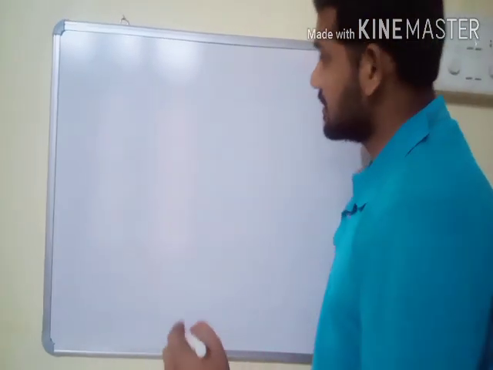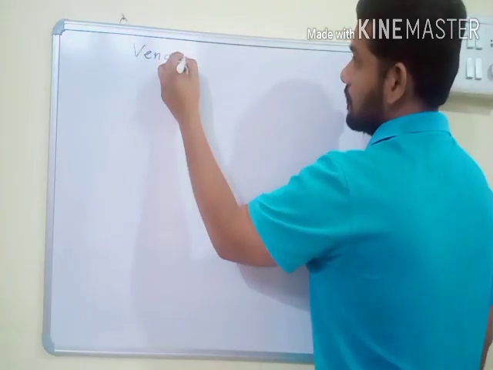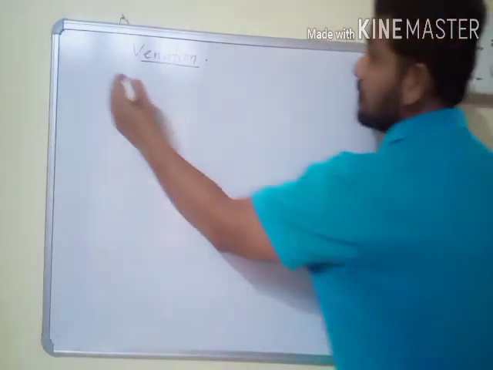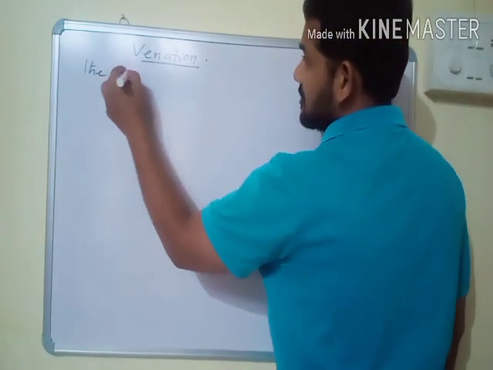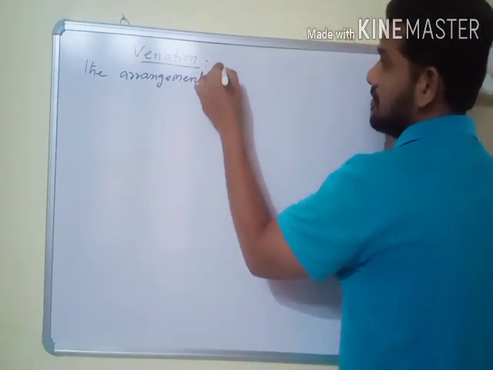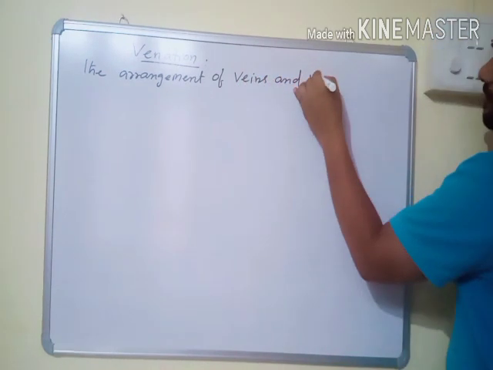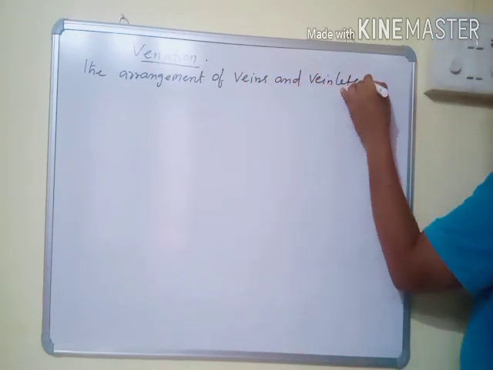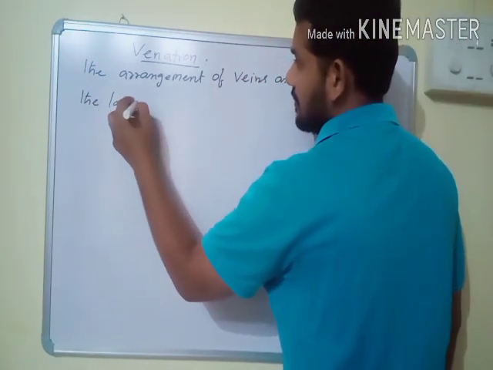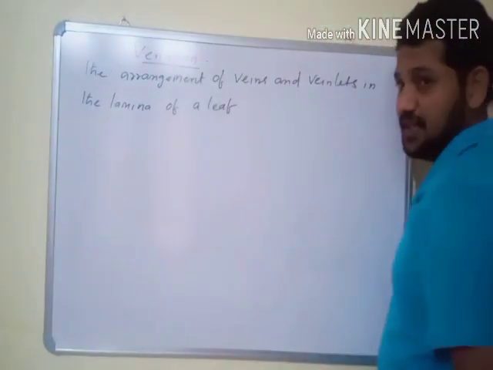Now we will discuss another topic that is called venation. So what is venation? The arrangement of veins and veinlets in the lamina of a leaf is called venation.